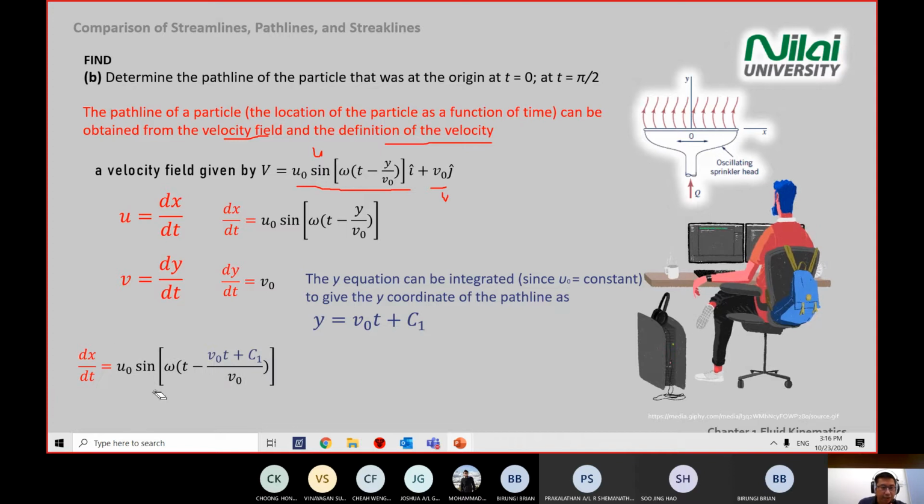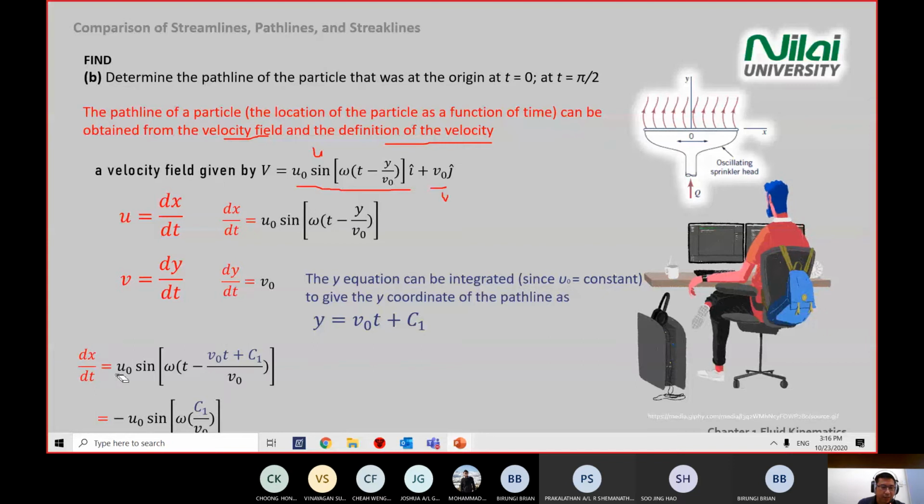Then for dx, you do the same. You do the integration also. You pull the dt to one side, and then you add in the integration sign. So to integrate sine of something, you need to refer to your notes. Okay, so you get this one. You refer to your mathematics notes on how you integrate sine of something.